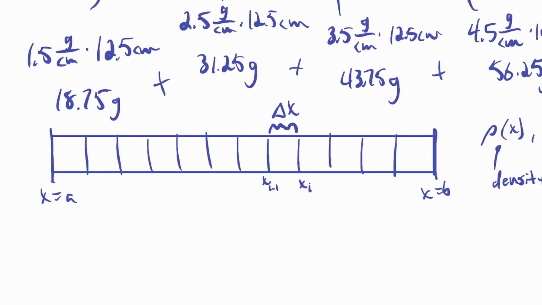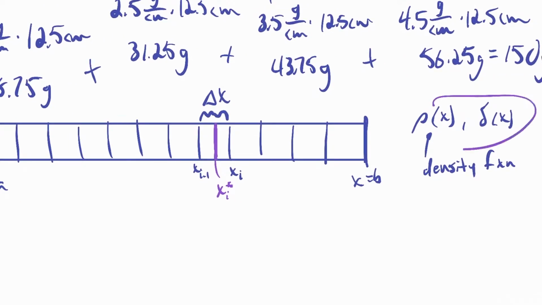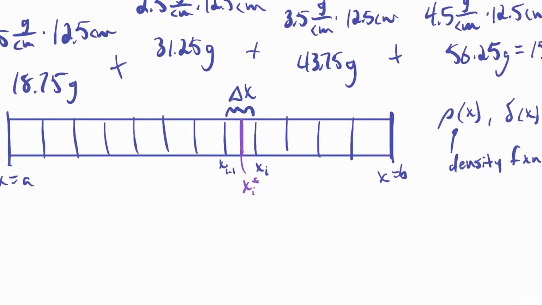I'm just going to pick some section, and I'll use a different color here. Let's pick some section here. Maybe it's in the middle, maybe not. We'll call this x sub i star. We'll pick some representative spot somewhere in that chunk, and the density there is going to be rho, or delta, whichever one you want to use. Some books use rho, some use delta.